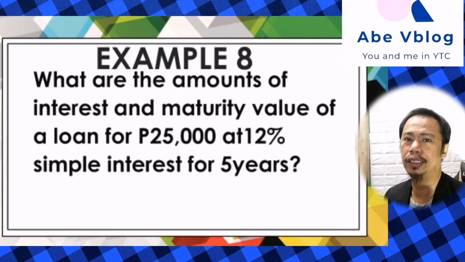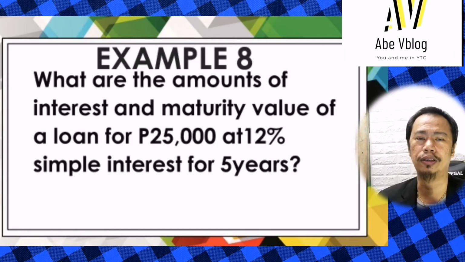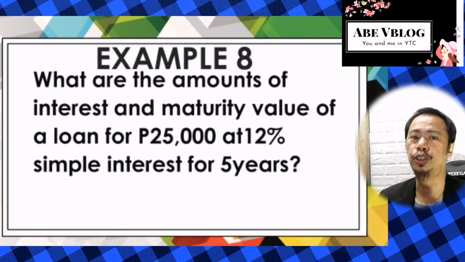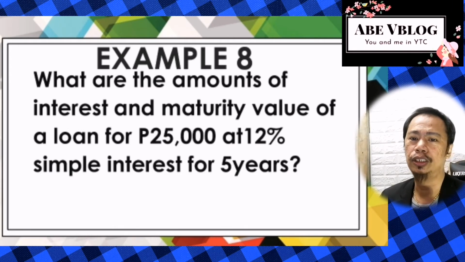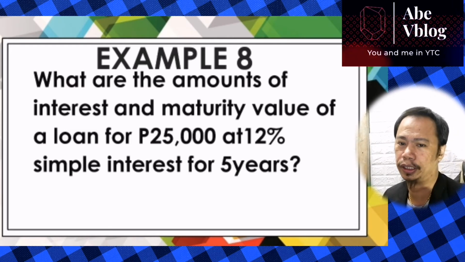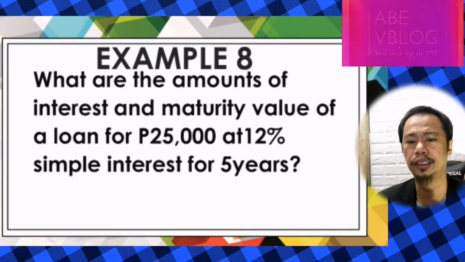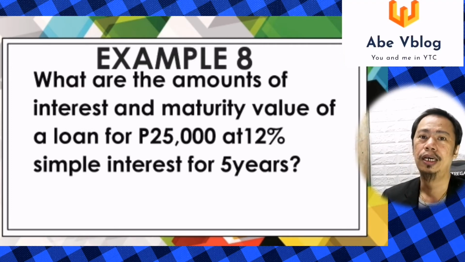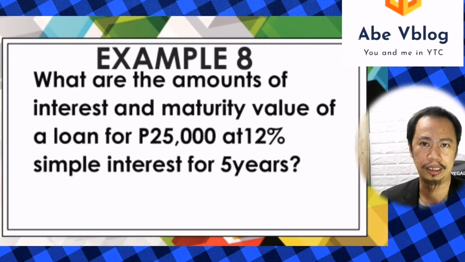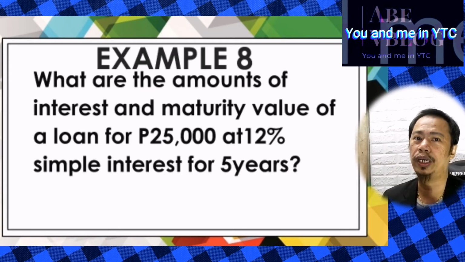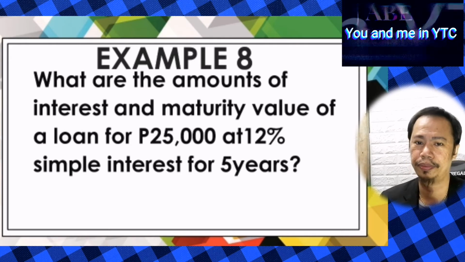So we got 40,000. So the 40,000 is the maturity value or the future value of your money. So the 25,000, with a simple interest rate of 12%, in 5 years, we'll be having 40,000. So that's very big. The greater the interest rate, the greater the amount we can receive for a certain year. Okay?